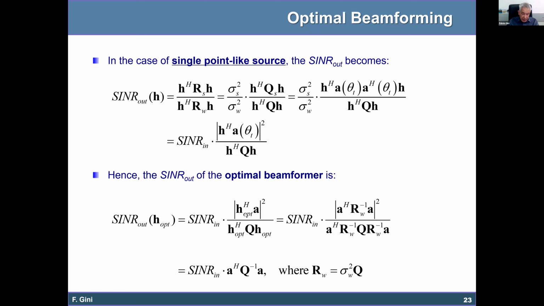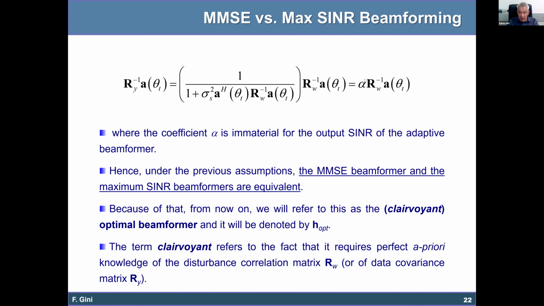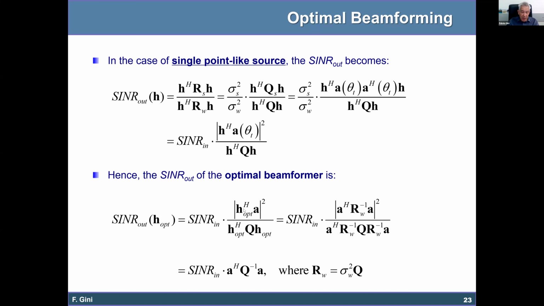So this is the Hermitian of optimal H. Obviously, the scalar alpha cancels out, because you have alpha square at the numerator and alpha square at the denominator. So as I said, alpha is irrelevant. The numerator is the modulo square of A Hermitian inverse of RW A, and this is the denominator.